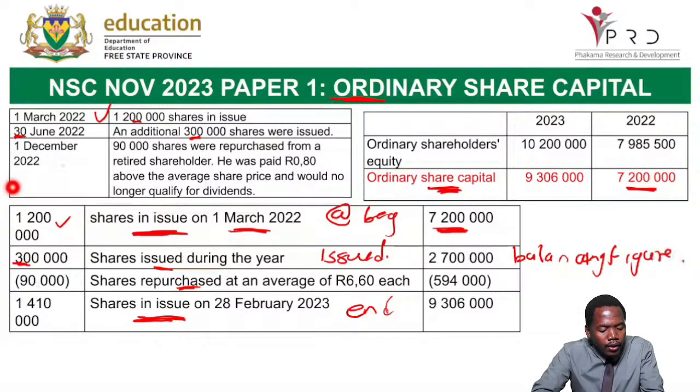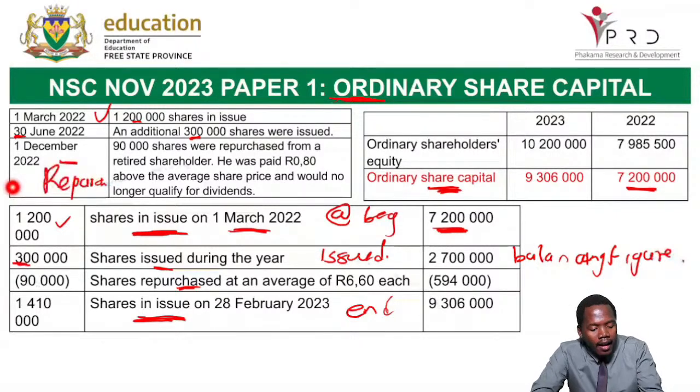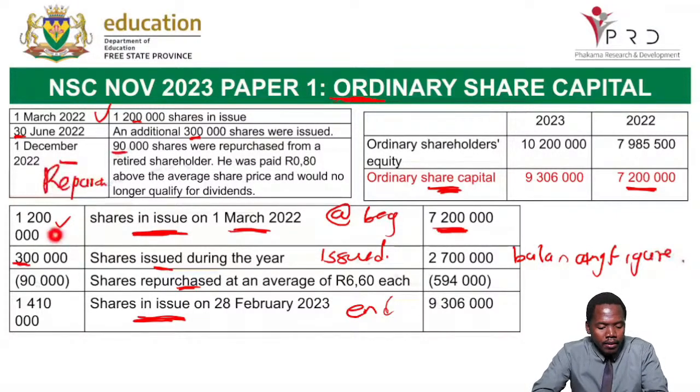Now, next one, on the 1st of December, this is the transaction on the repurchase. Let us read it together. 90,000 shares were repurchased from a retired shareholder. He was paid 80 cents. Please note it: 80 cents above.